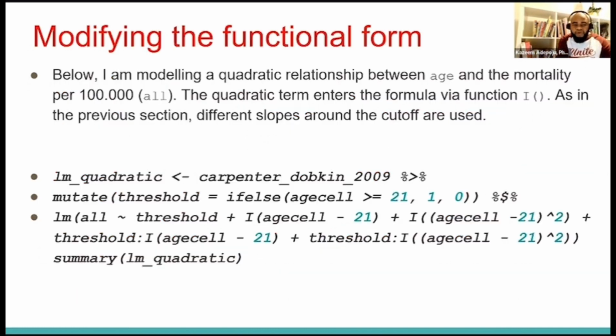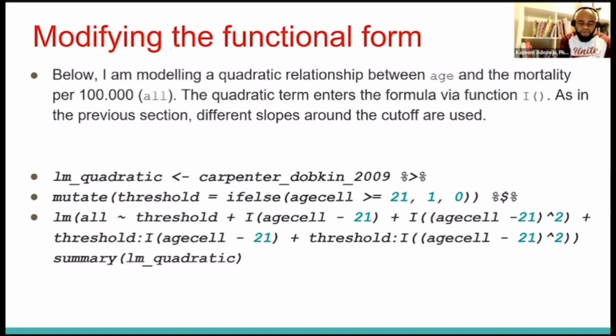So we decide to modify the functional form, because in statistical analysis, the functional form is very, very important. Initially we assumed linear. What if we go quadratic, or make it more complex, to capture the relationship very well?